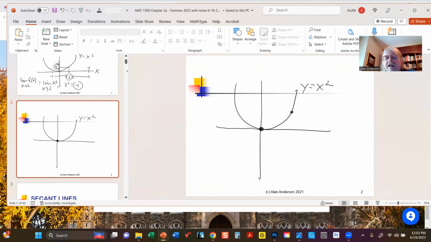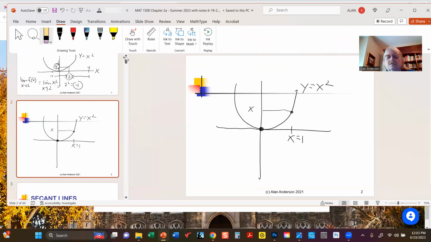Let's say that x is 1 here, which means that y is equal to 1. A tangent line is simply a line that just touches the curve at that point and nowhere else, right?